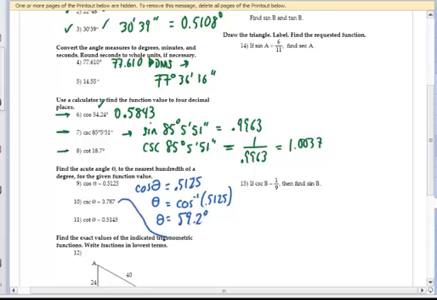For the next one, it says that cosecant is equal to 3.787. So if cosecant of theta is equal to 3.787, then you need to turn this into a sine ratio, because that's what's related by reciprocal. And then you say the sine of theta is equal to 1 over 3.787.